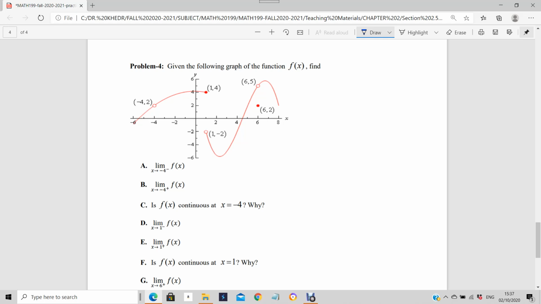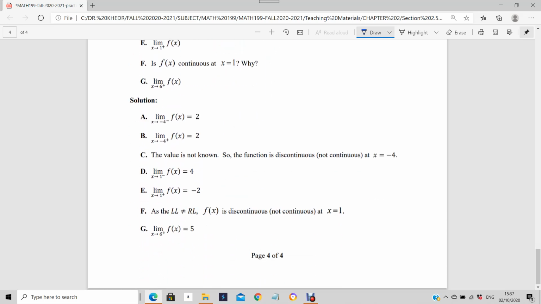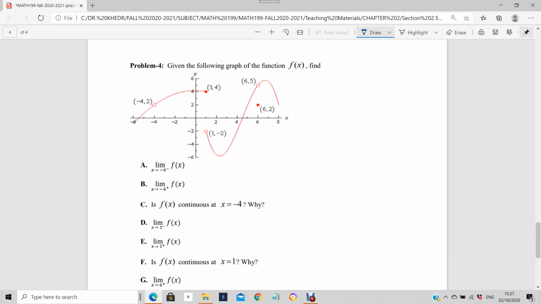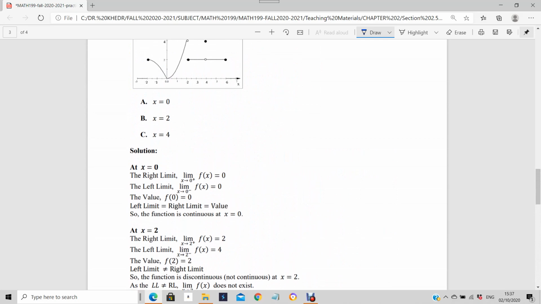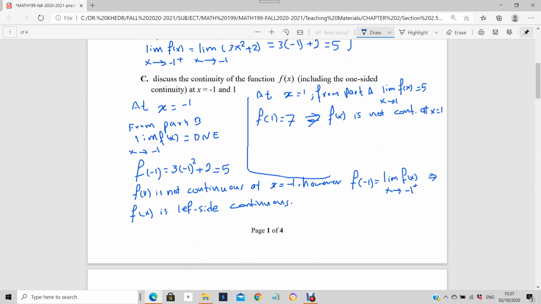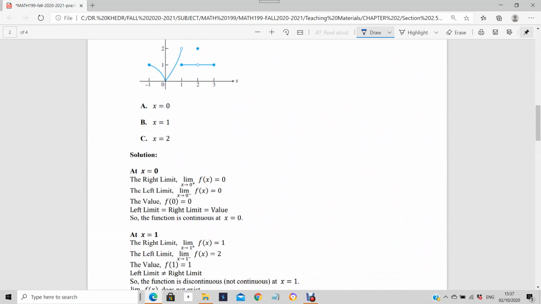So the limit is 5, the value of the function is 2, and these are different values, so the function is discontinuous. The solution is provided here for all the questions, questions 4, 3, 2. And this is for the analytical method.